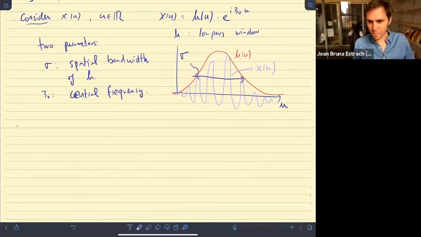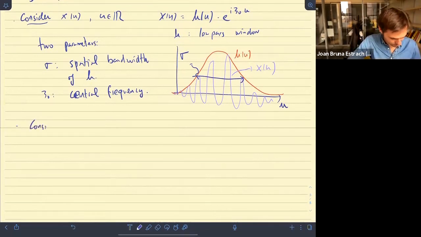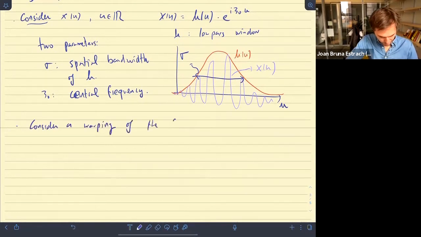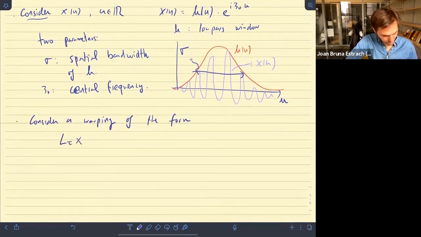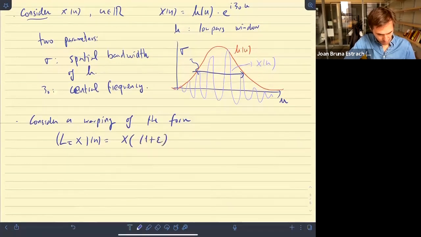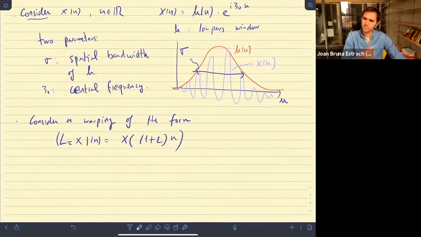And now let's consider a very well chosen deformation. So consider a warping of the form of x of u, that is just going to do x of (1 plus epsilon) times u, with epsilon very, very small, right?